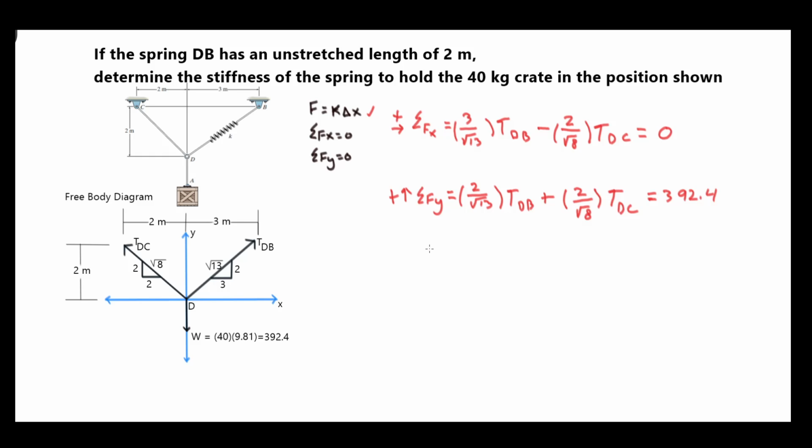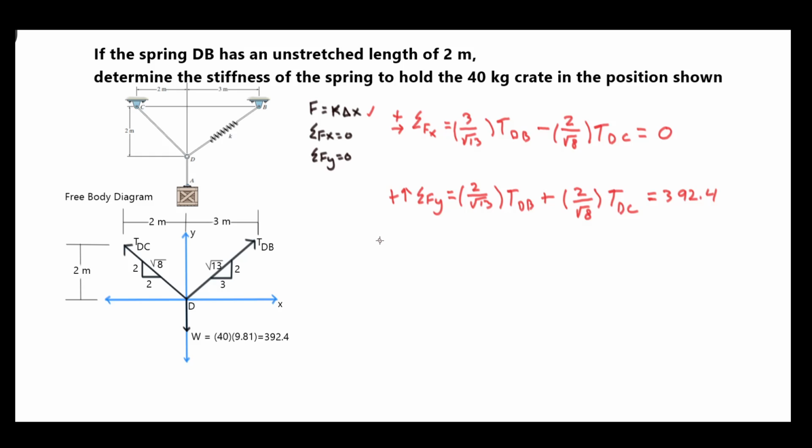So now here you just use some algebra. You can either substitute or, if you have a matrix system set up in your calculator, you can use that to solve for our unknown tension forces here. So I won't go over that. This is just a lot of algebra.